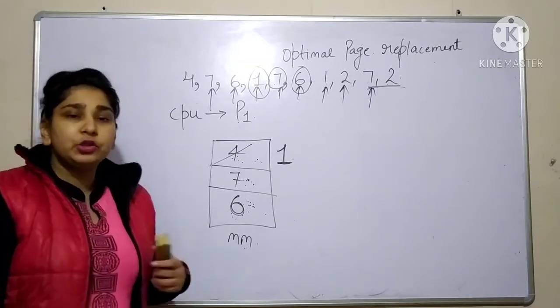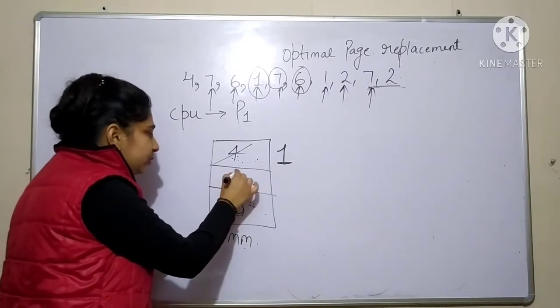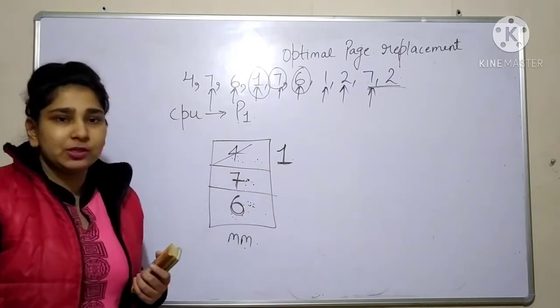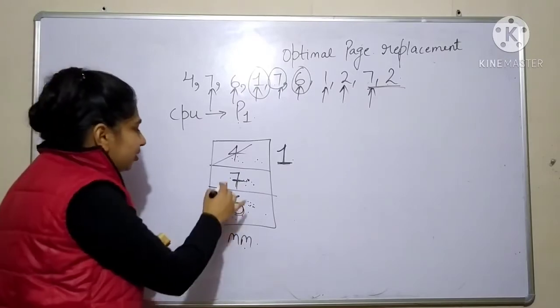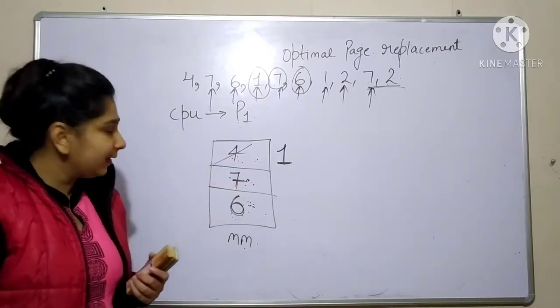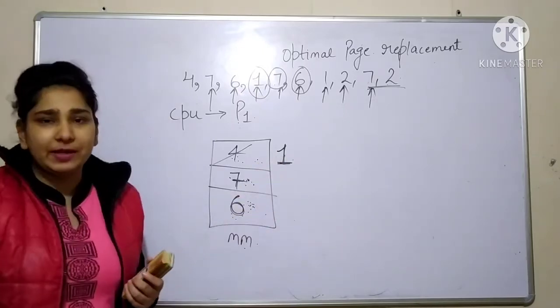So we want to avoid the wastage of time. So I am not going to swap out this 7th page because CPU is going to request this page in the future. Okay. So, this first and 6th page.